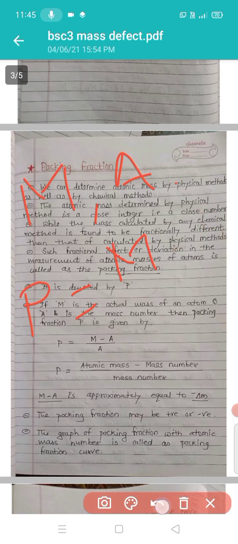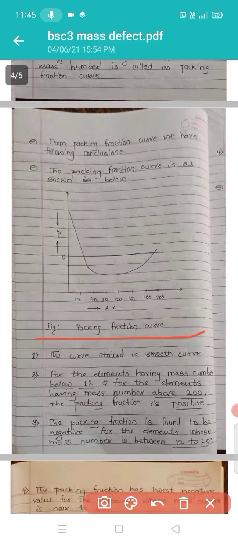First, the packing fraction curve, P versus A. Here we have packing fraction P and mass number A. The packing fraction curve is as shown in the figure.